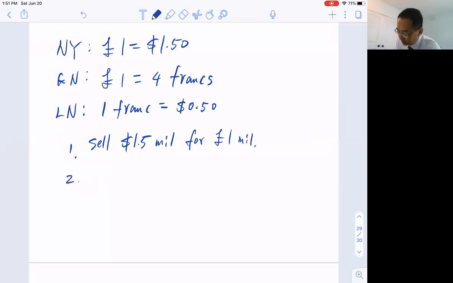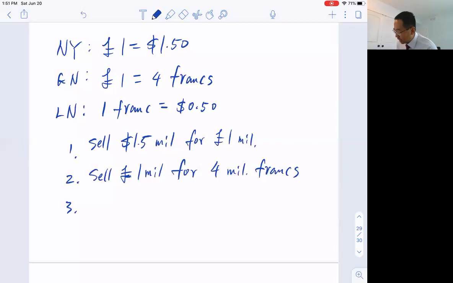Second, simultaneously you sell 1 million pounds in Geneva for 4 million francs. And then at the same time in London, you sell 4 million francs for $2 million.